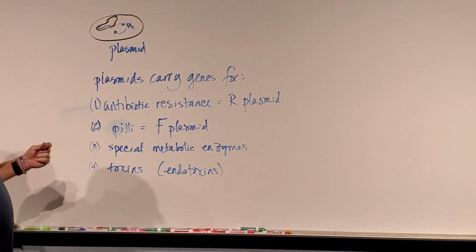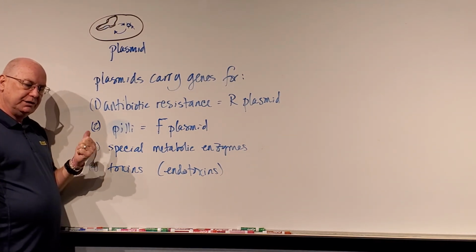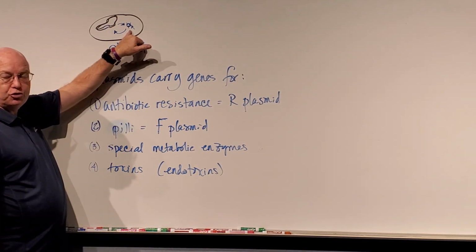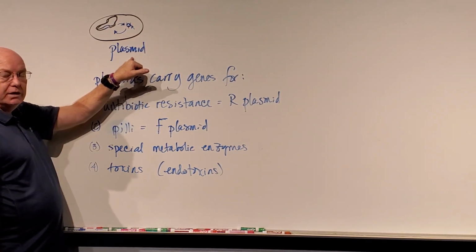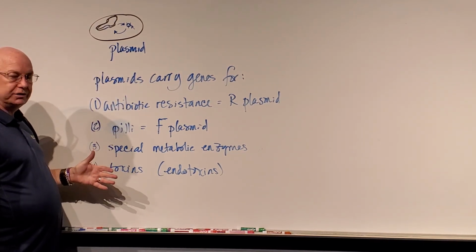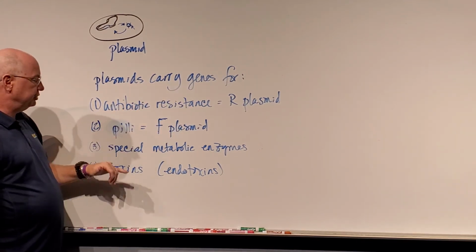So, when we look at the genetic makeup of some organisms, particularly prokaryotes, we need to make note that they have the ability to carry extrachromosomal DNA in the form of a plasmid. The plasmid can carry genes for a number of special conditions. For antibiotic resistance, called an R plasmid, you should know that.